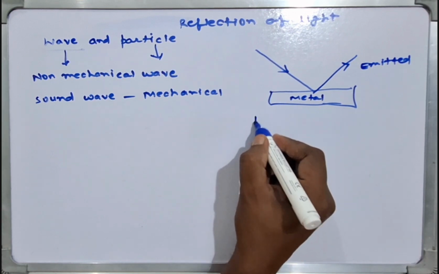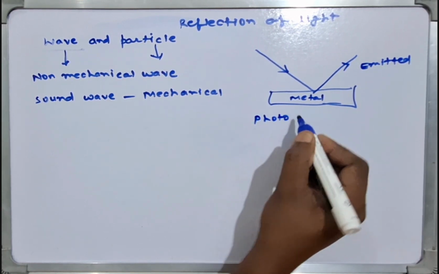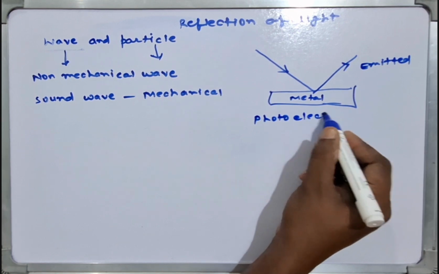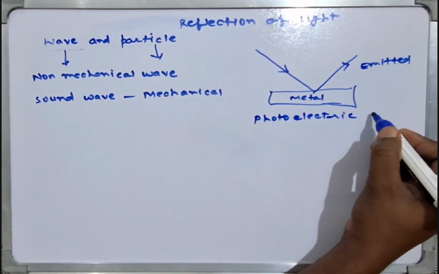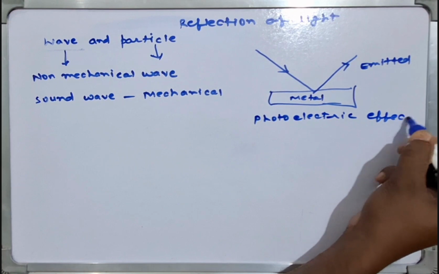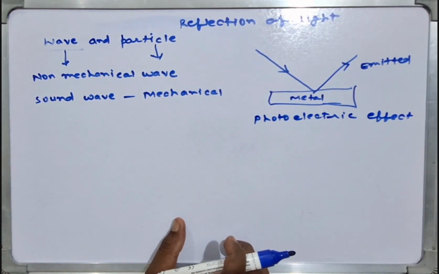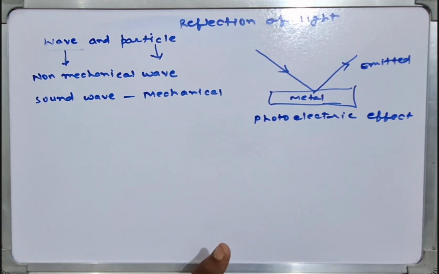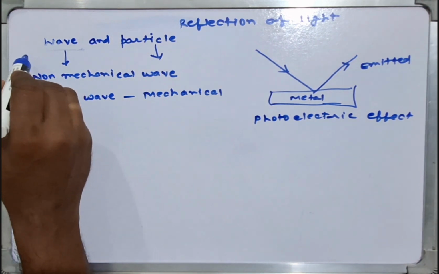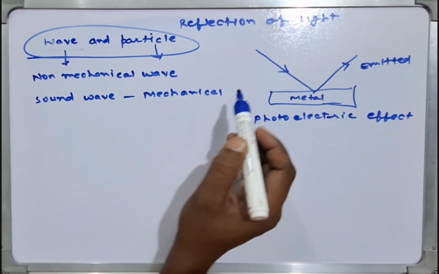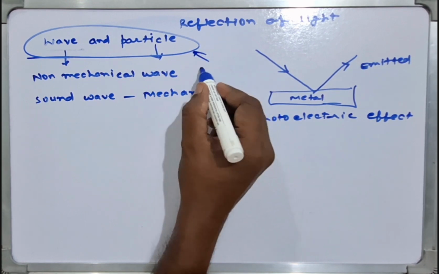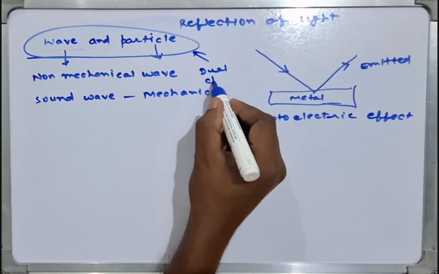This process or effect is called the photoelectric effect. In this case we assume light is like a packet of energy, or we can say it is photon energy. So you can easily say light has a dual characteristic.